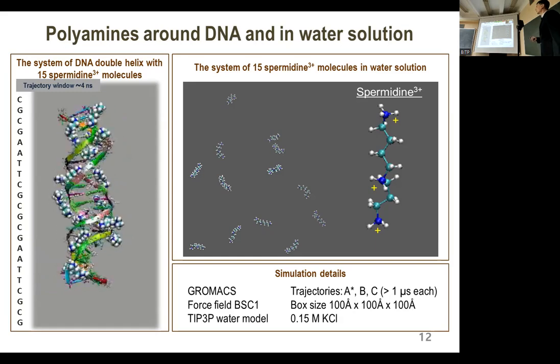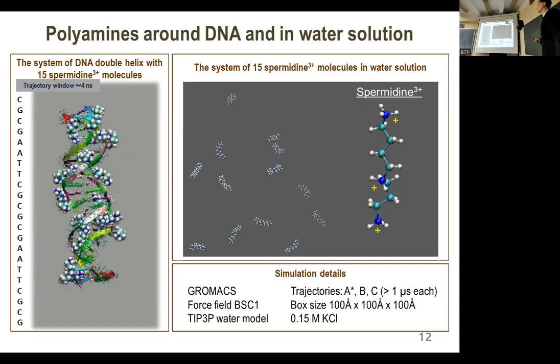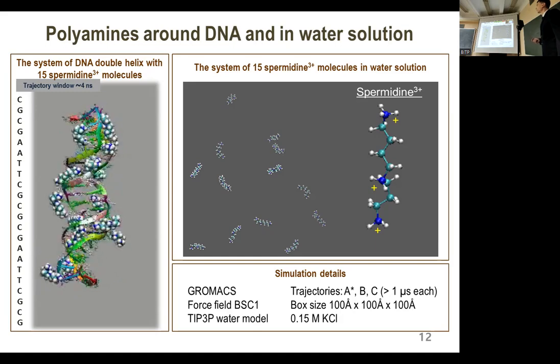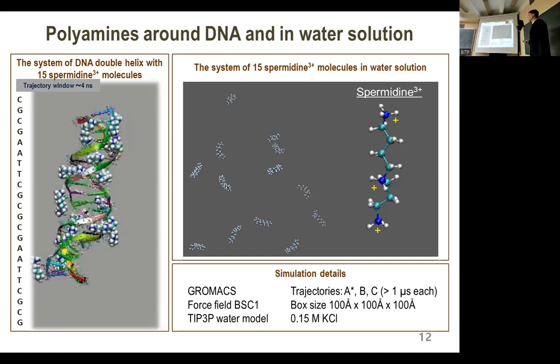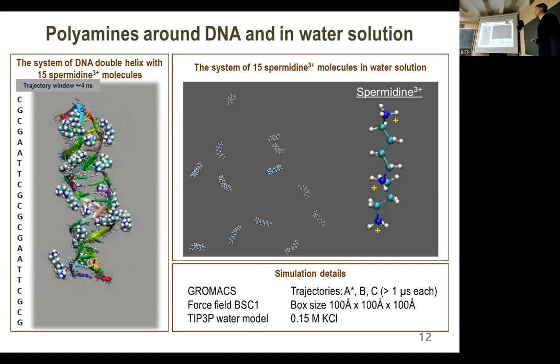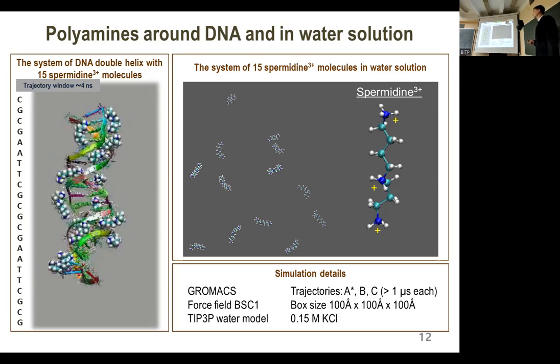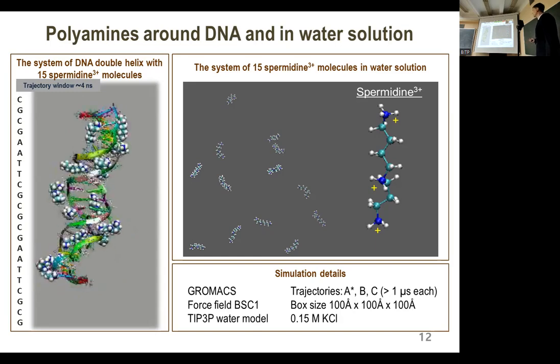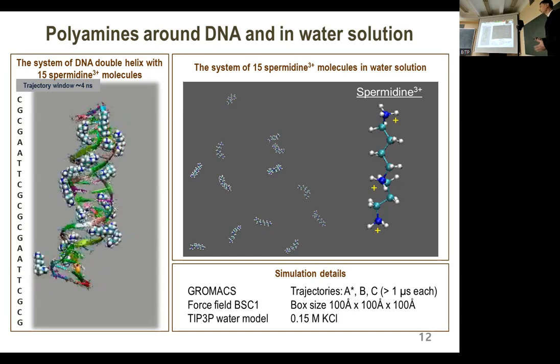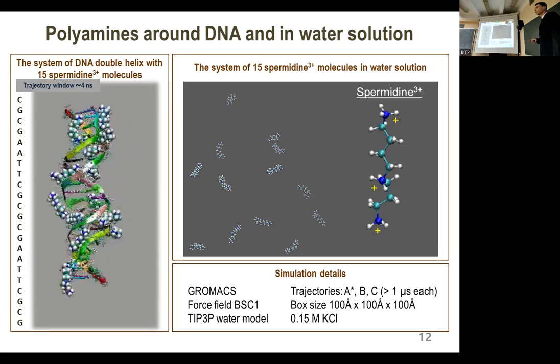So they are almost in the same place in some particular region. And to compare these results with solution, we also simulated the system without DNA, just solution with polyamines.